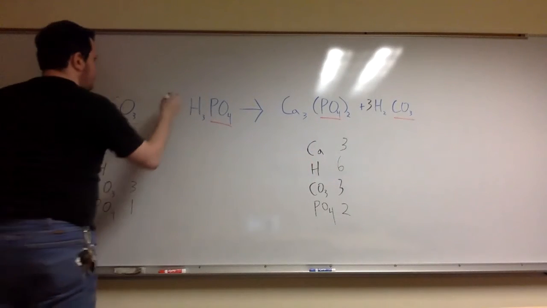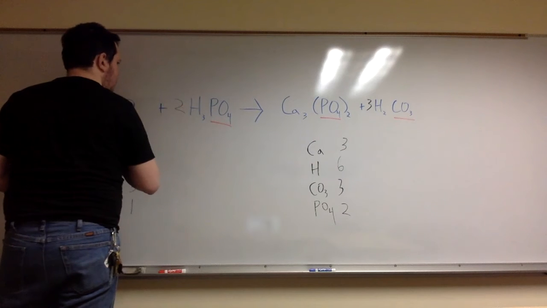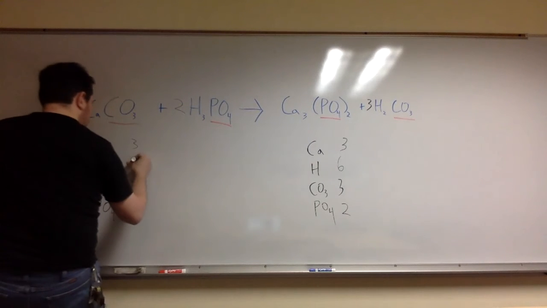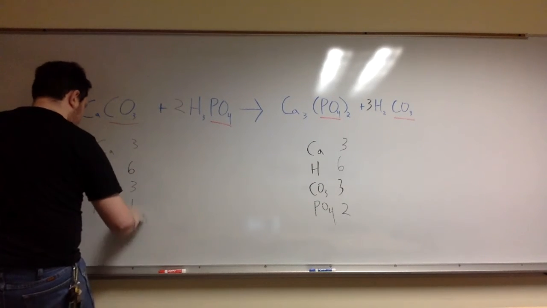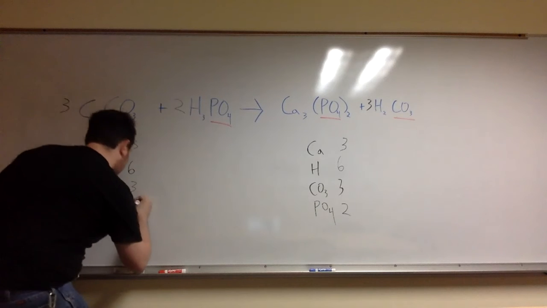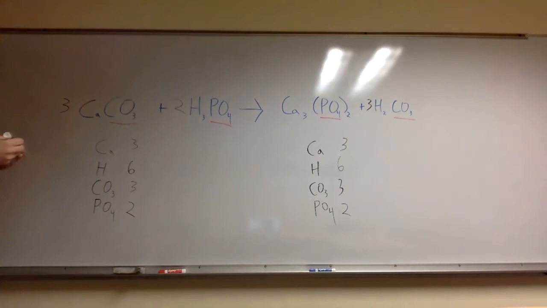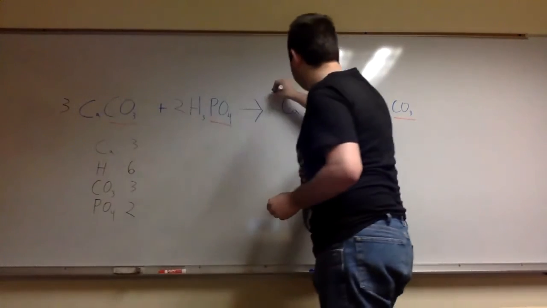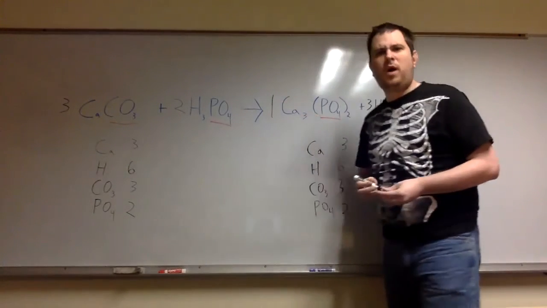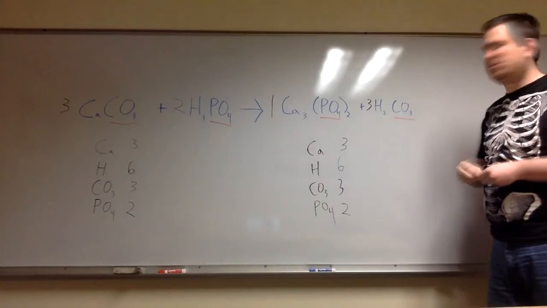So to change that, we need to put a 2, which changes our hydrogens to 6, and our PO4s to 2. And we are done, which means we can put a single 1 next to our calcium.